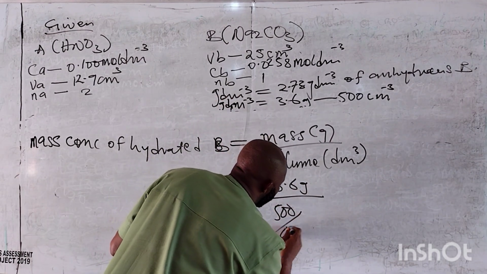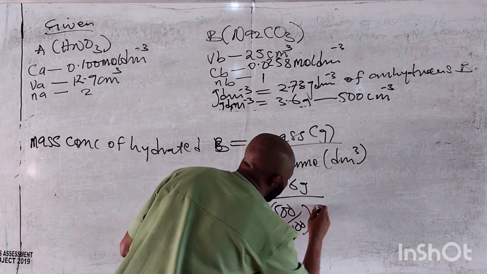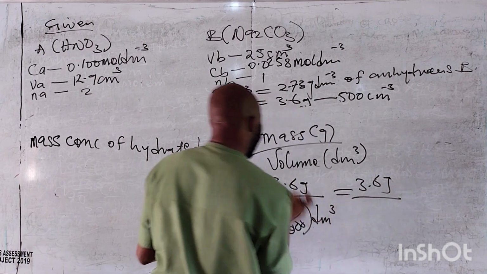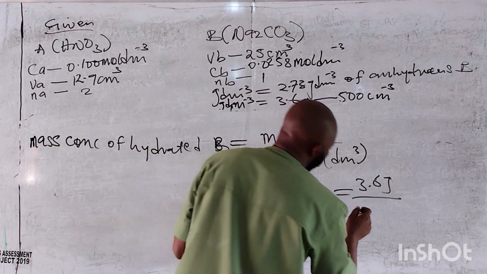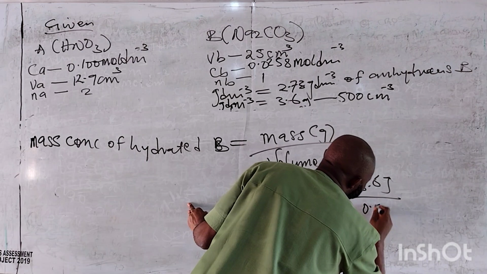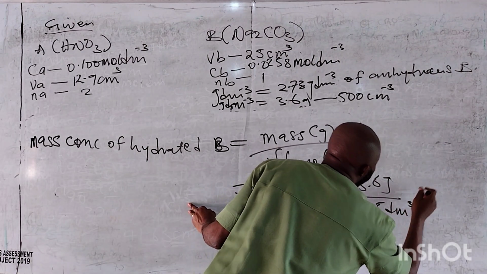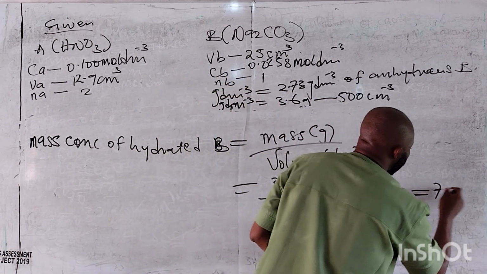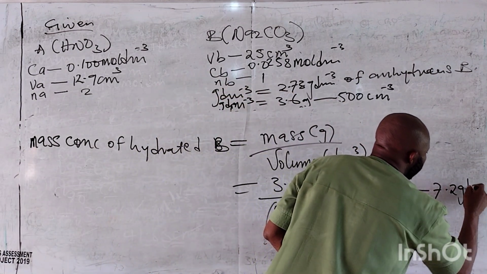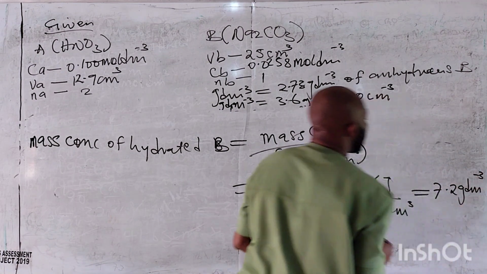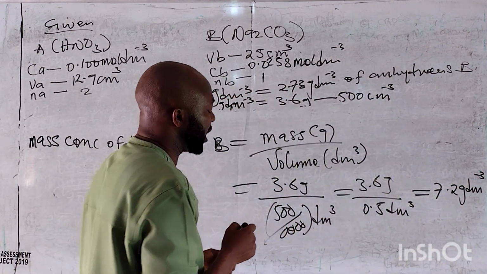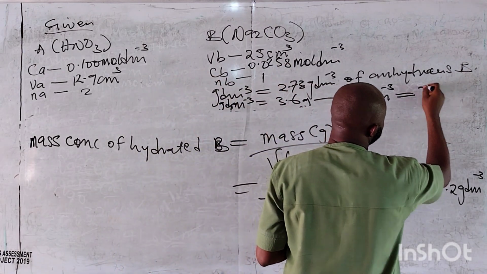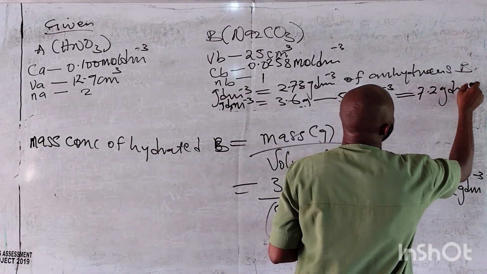In dm cube, we divide it by 1000. This is 3.6 gram over 500 divided by 1000, which is 0.5 dm cube. And this is equal to 3.6 divided by 0.5, which is 7.2 g/dm cube. So this is the mass concentration of the hydrated salt. Let me put it here, 7.2 g/dm cube.